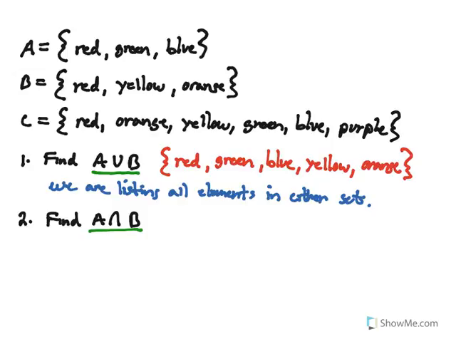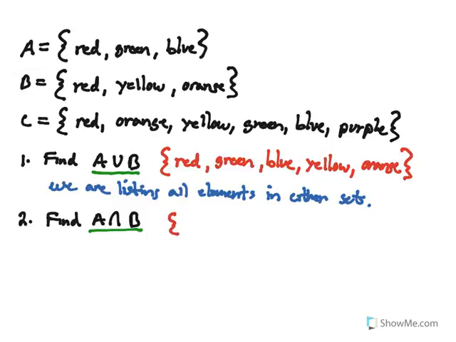Again, we're not worried about C just yet, okay? And the intersection means that we want to find all elements that are in both sets, okay? So here's how we do that, all right?